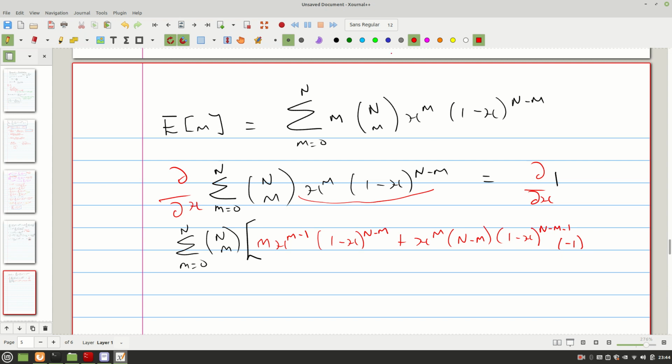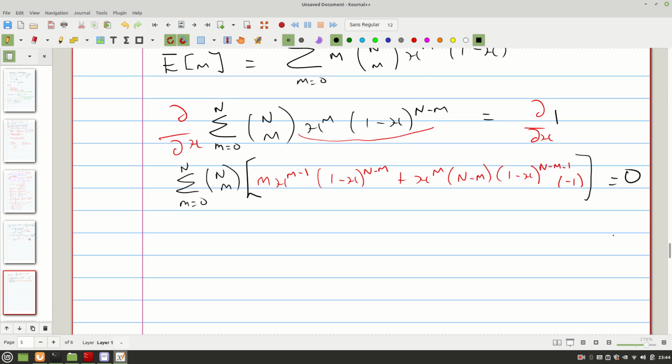And all of this is equal to 0. Okay, so if we start expanding it out, we end up with this situation.